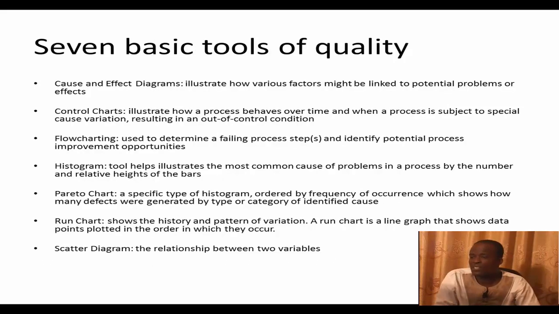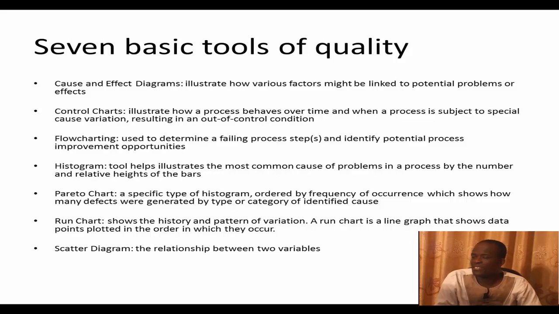Now, the cause and effect diagram illustrates how various factors might be linked to potential problems or effects. So there's a cause and there's an effect. So what caused it? You try to find out the root cause of the problem, and then also know the effects, so that you can take action.